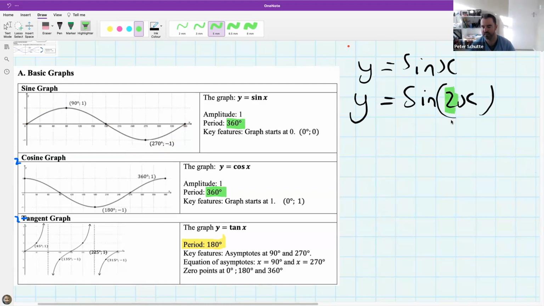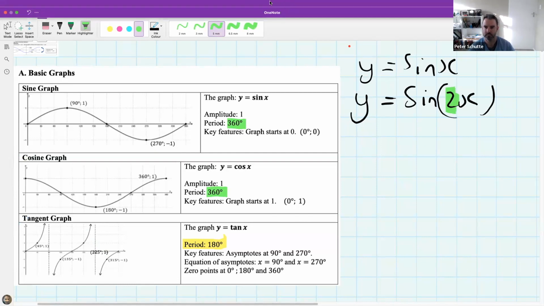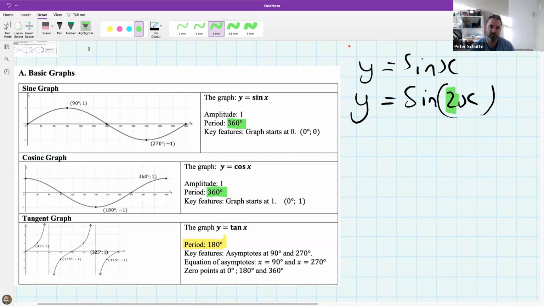Now the 2 is inside the input kind of area. What do you think that 2 does? So this is what Bongi was asking about a moment or two earlier. This is what's called a period change.